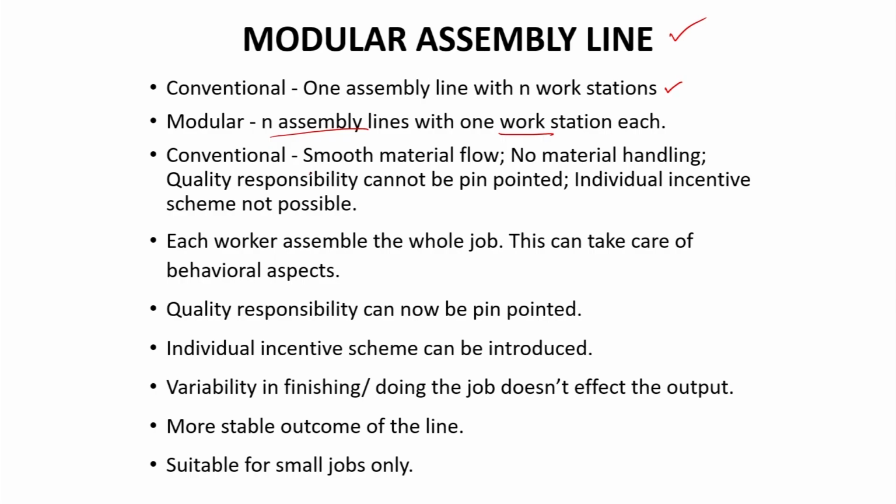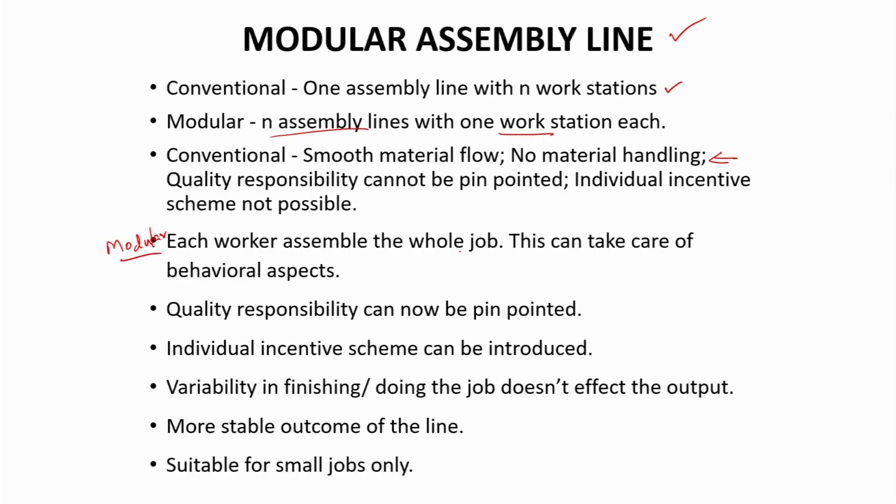In the conventional, there is a smooth material flow and there is no material handling, but quality responsibility cannot be pinpointed. The advantage is the material flow is very smooth, but the disadvantage of the conventional system is you cannot pinpoint the quality responsibility, because the job is passing through so many workstations, and it is not possible to have the individual incentive scheme.